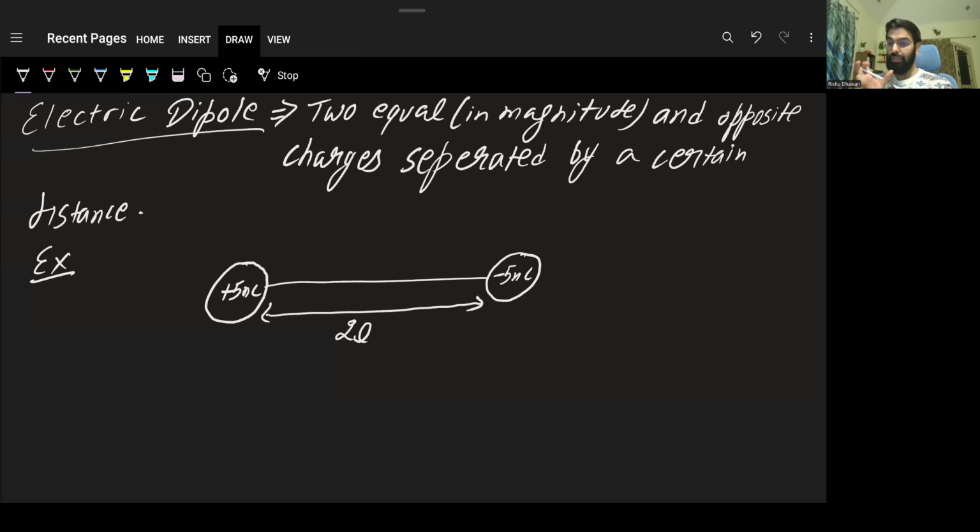So the dipole, the two charges are separated, and there are two poles, and both are equal in magnitude. If you see what is the magnitude of 5 nanocoulomb, minus 5 nanocoulomb, it is 5 nanocoulomb. So the magnitude is equal, but they are opposite charges. One is positive, one is negative. So electric dipole is two equal in magnitude, but opposite charges that are separated by some distance.